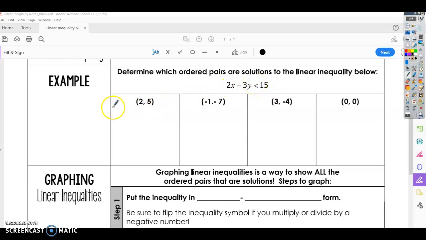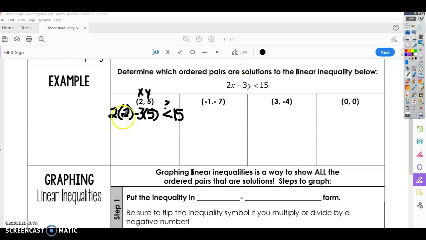So we're going to have 2 times 2, this is our x and our y, minus 3 times 5, and we want to know, is that less than 15? If this is a true statement, then the ordered pair is a solution. If it is not a true statement, then it's not a solution to the inequality.